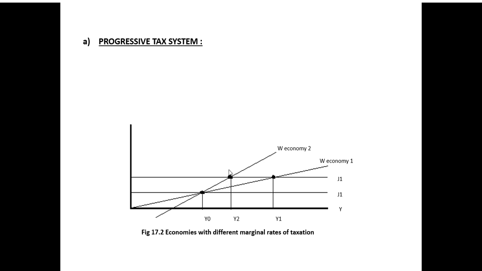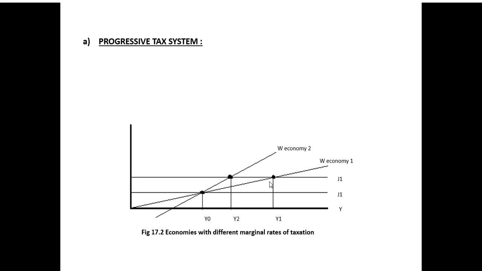Let's say the injection was $100, but the propensity here is to take 50% of $100 as a tax. So what is the net increase in income? The increase in income is from y0 to y2. Income increased by 100, but 50 was taken away by the government, so the net increase in income is only 50. So income increases from y0 to y2.